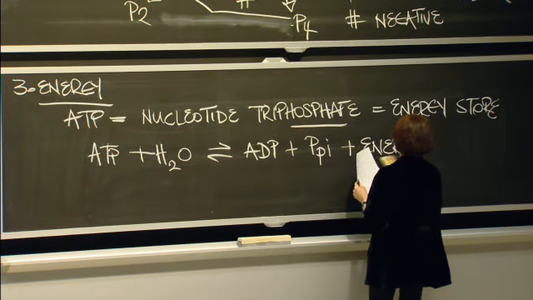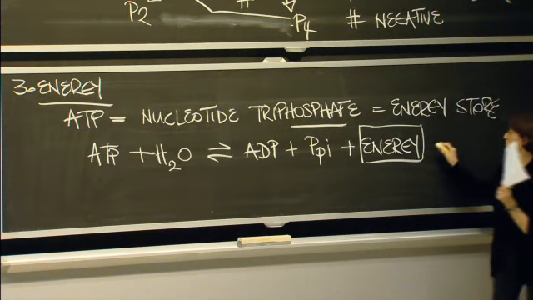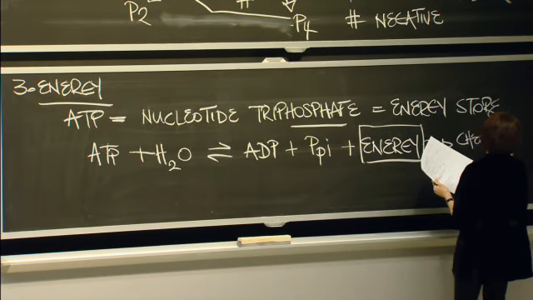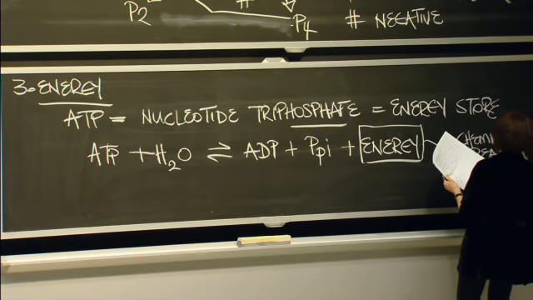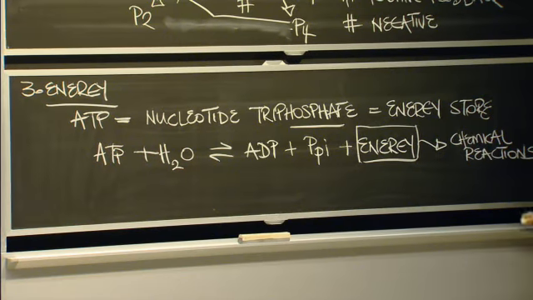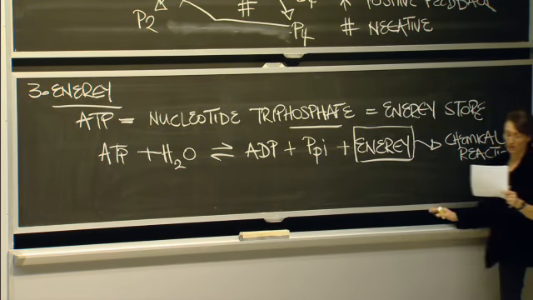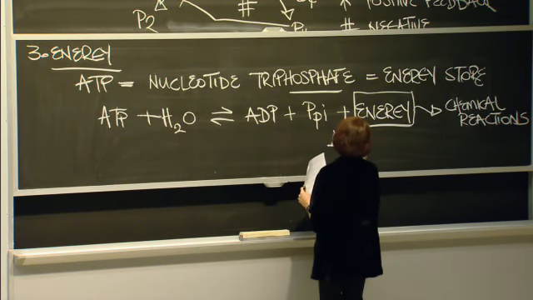This is an exergonic reaction. This energy is then used for chemical reactions to build or to break down various molecules. Okay, for this reaction, delta G is negative.